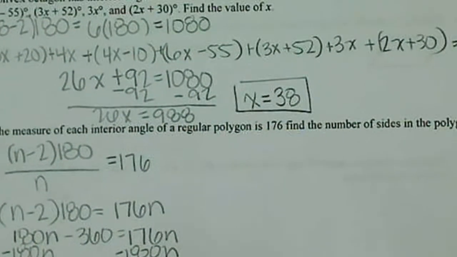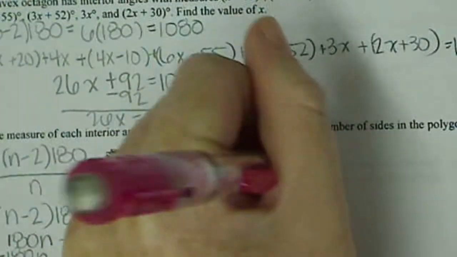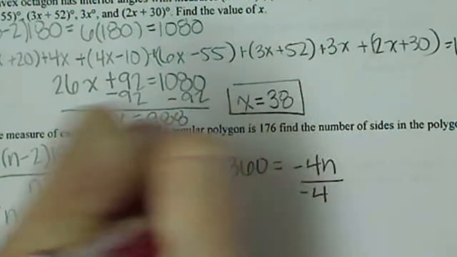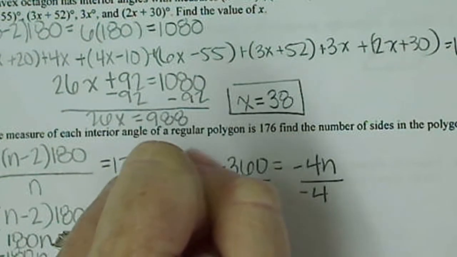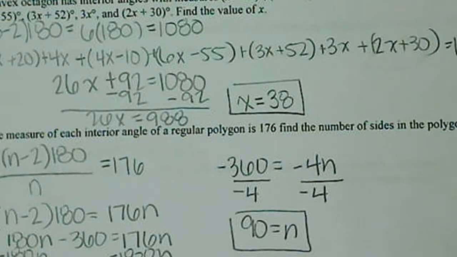So now we have negative 360 equals negative 4n. Which is okay, it's negative because we're going to divide by a negative. 90 equals n. That's the number of sides that we have.